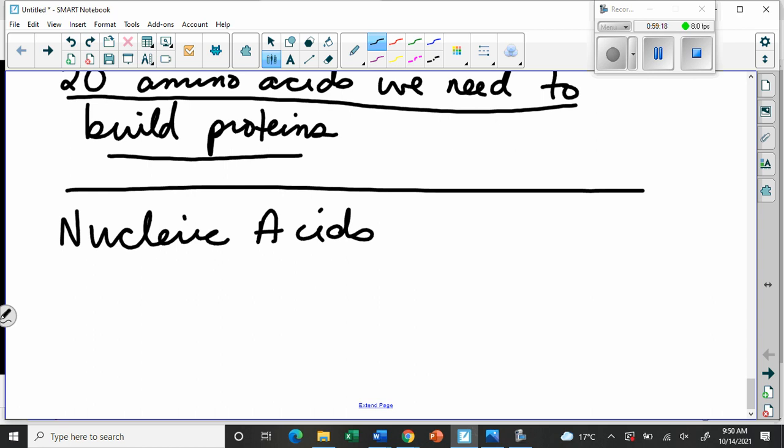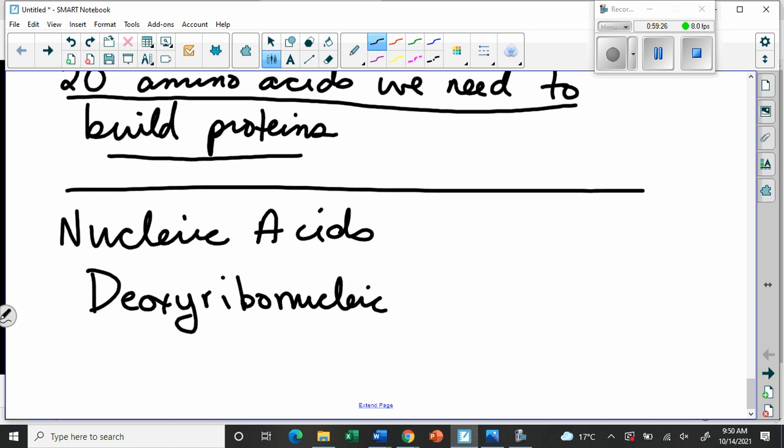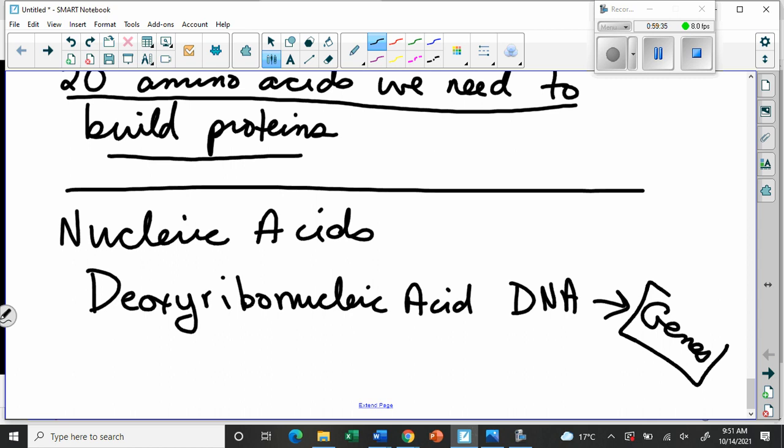The most common one that you will know is deoxyribonucleic acid. And of course, its short form is DNA. And that, of course, is the molecule that forms our genes and the instruction book for building humans.